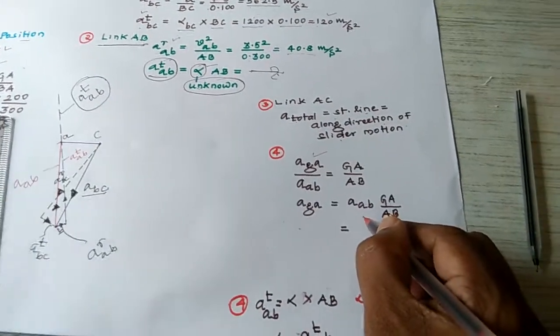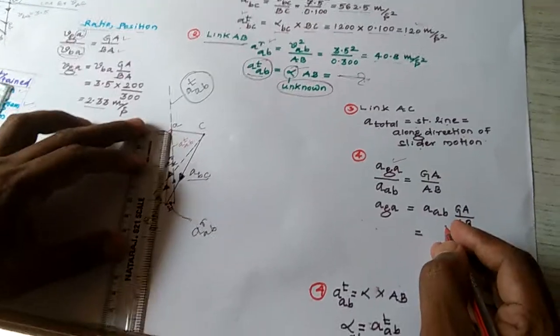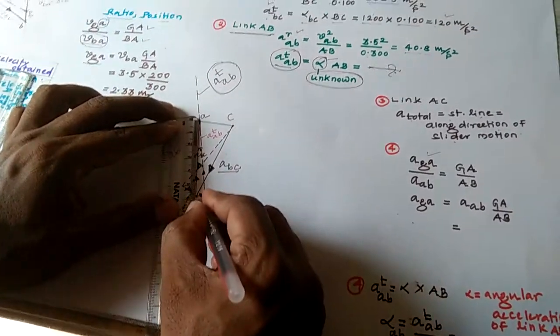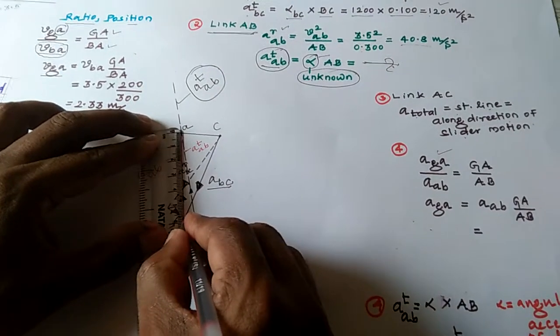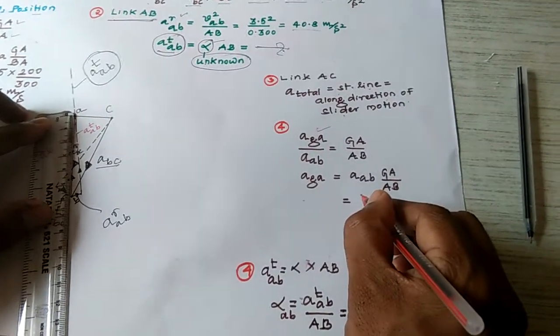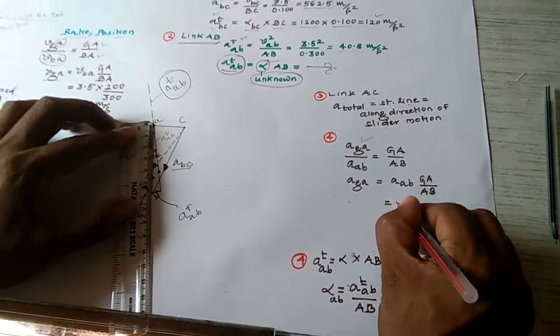You have to measure this one. The acceleration of AB is how much? You have to measure it. It comes nearer to 580. This comes as 5.6, meaning 580.